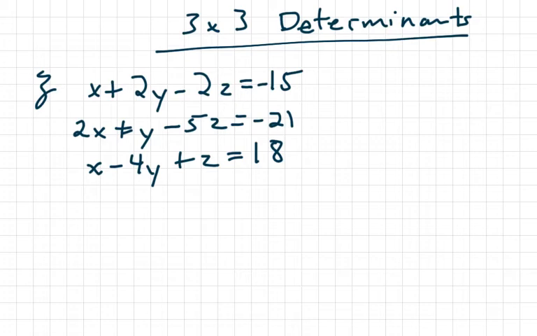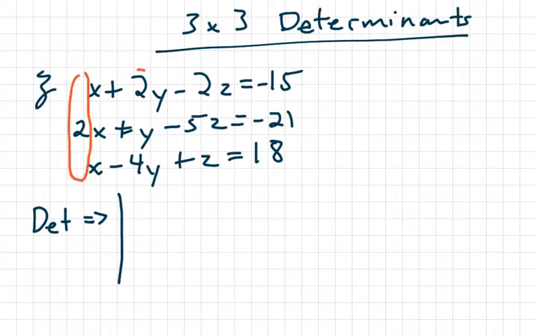We deal with only the coefficients. So I'll start with the determinant, and every time you solve this is how you're going to set it up. Inside of this matrix, I'm going to take the coefficients of all the x's, and then all the coefficients of the y's, and all the coefficients of the z's, and I'm going to line them up in here.